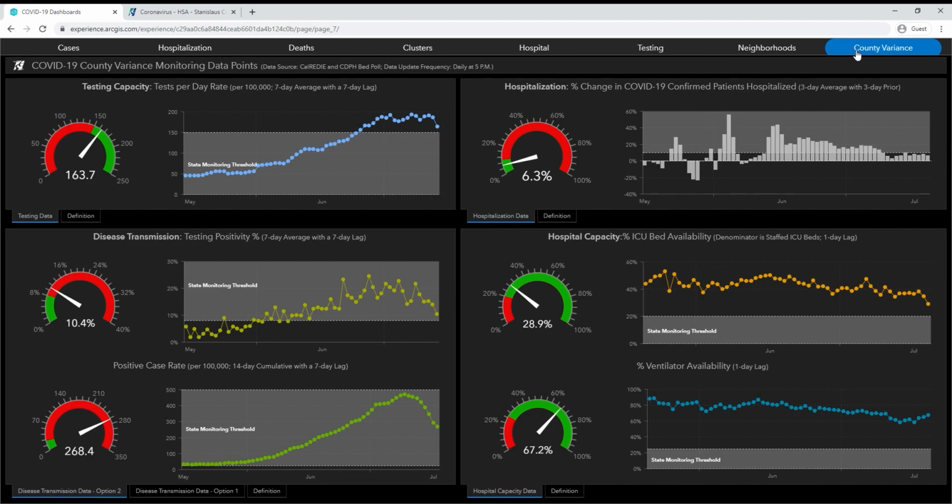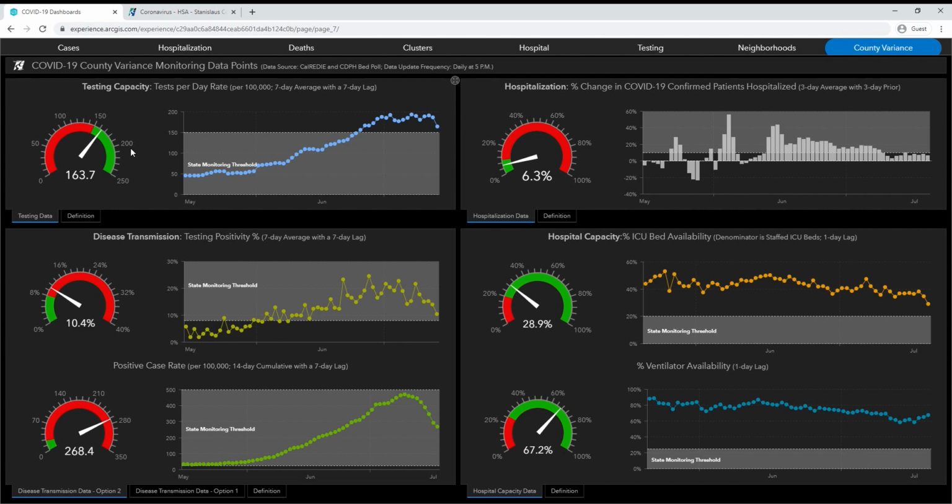The next tab we will overview is county variance. The county variance tab has multiple measures that tell us how our county is doing within the COVID-19 response. The first item to look at is testing capacity. This tells us, are we testing the amount of residents as recommended by the state monitoring threshold? The state monitoring threshold says we should be testing at least 150 individuals per 100,000 a day, looking at a 7-day average.